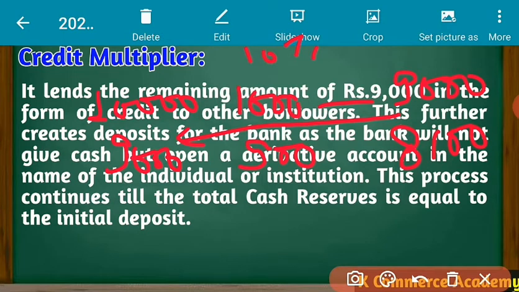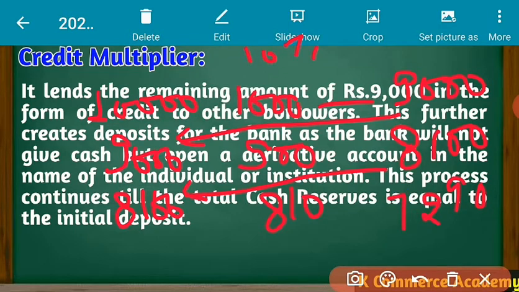Again this 8,100 will not be withdrawn at the same point of time. It will be transferred to a deposit account, of which 810 will be kept as the reserve, and the remaining amount will be further given as loan. So how much are we left with? 7,290.